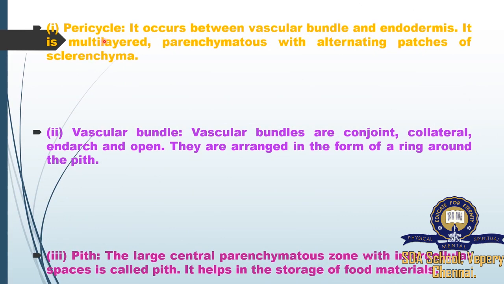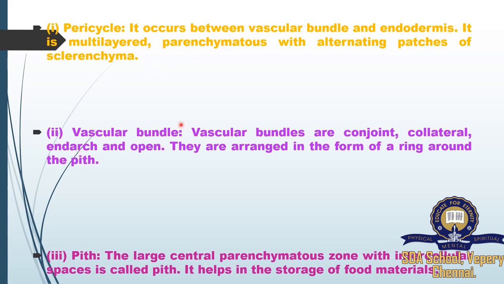Pericycle is present between the vascular bundle and endodermis. It is multi-layered, made of parenchymatous cells with alternating patches of sclerenchyma. So both the cells are present in the pericycle.